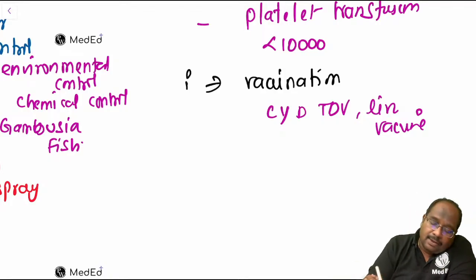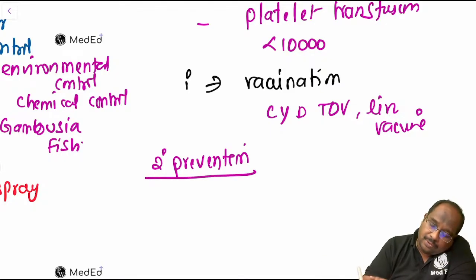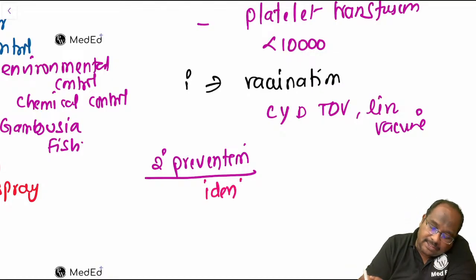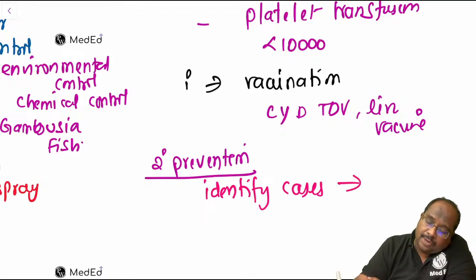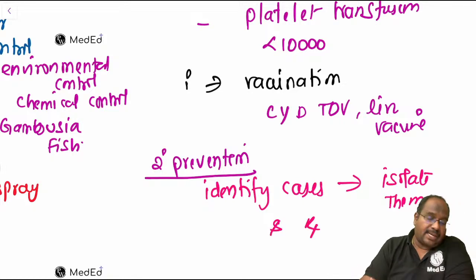For secondary prevention, what can you do? Identify cases early, then isolate them and treat. This is secondary prevention.